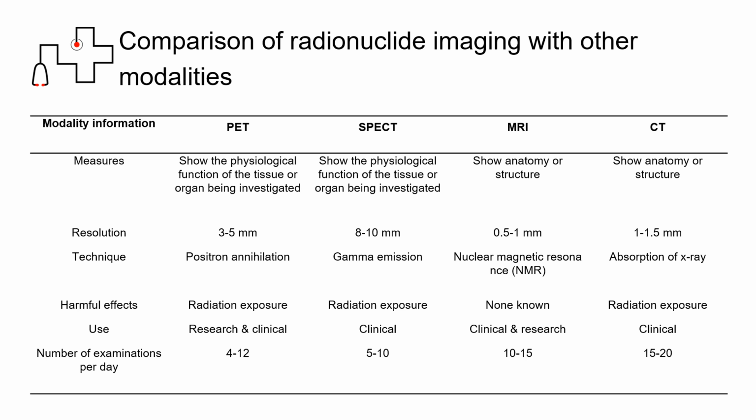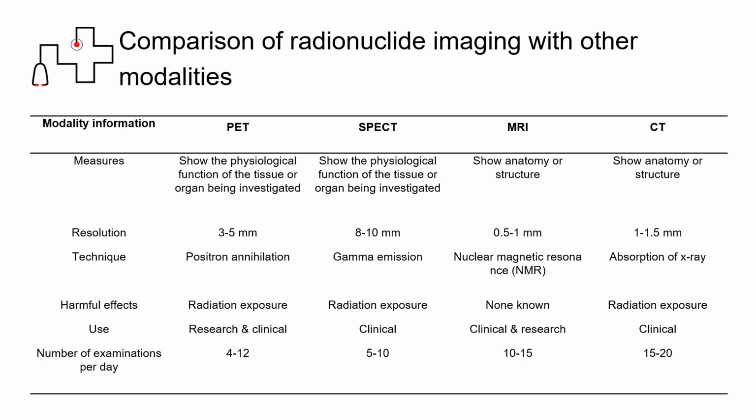The resolution, PET-CT and SPECT-CT is about 3 to 5 mm, and for SPECT is 8 to 10 mm. However, the MRI and CT scan provide the best resolution, which are from 0.5 to 1 mm, and for the CT 1 mm to 1.5 mm.